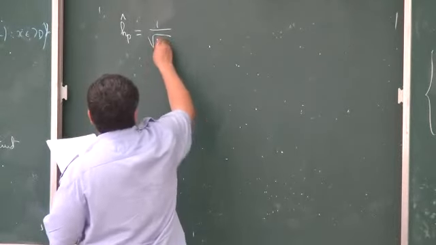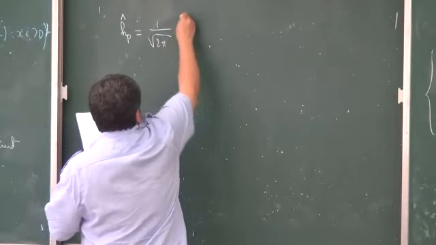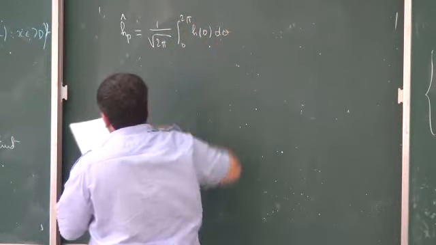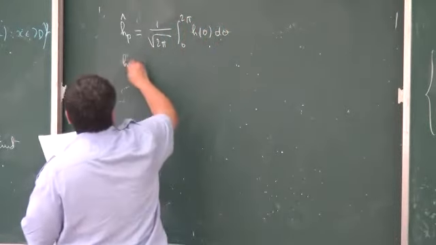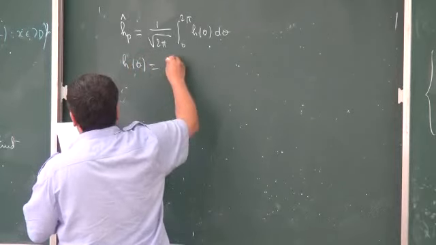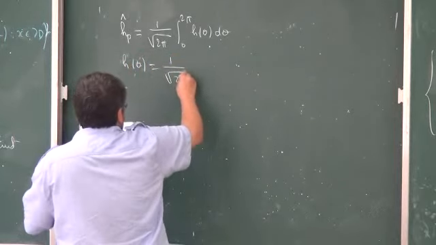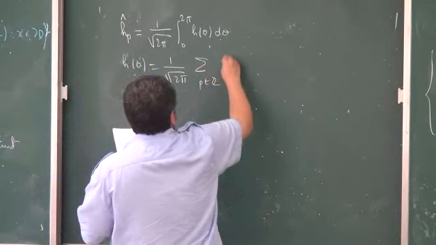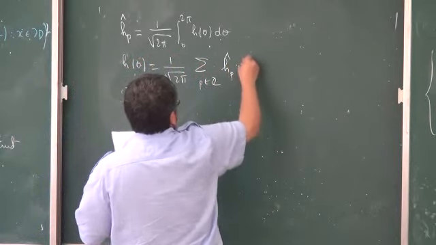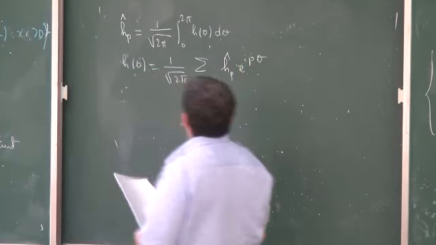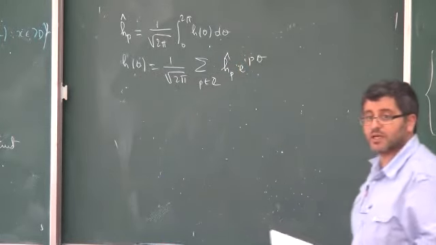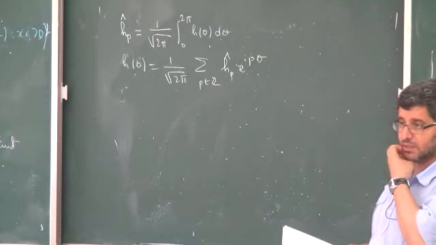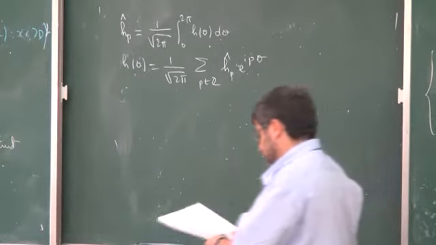This is 1 over 2 pi, the integral between 0 and 2 pi, of H(theta) d theta. So H(theta) would be 1 over square root of 2 pi, the sum over P of HP, the Fourier coefficients of H, right? H hat, HP are the Fourier coefficients.